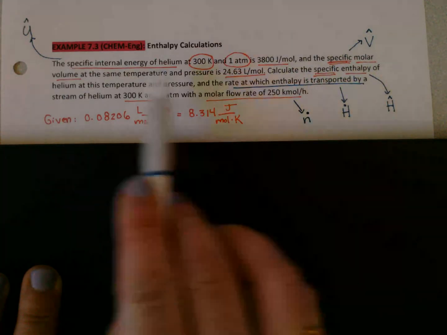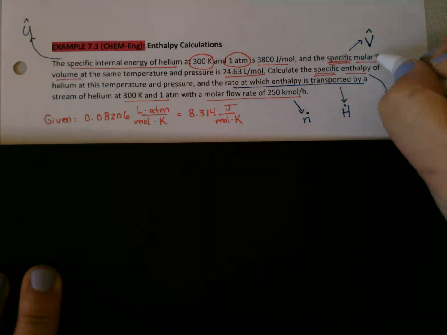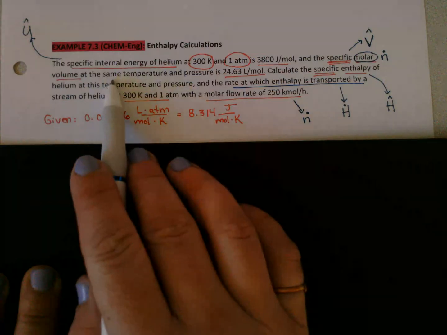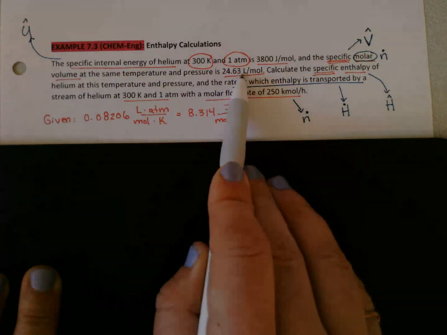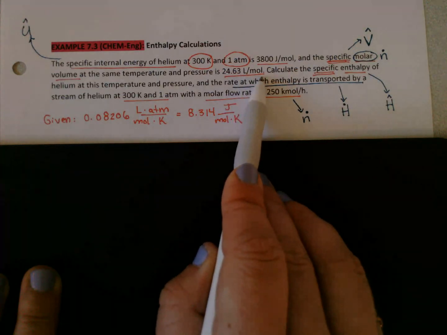We have a specific molar volume, so that's going to be a V hat. And the fact that it's molar tells us that it's related to N or to N dot. So that's important here. And that's at the same pressure and temperature as the specific internal energy, and there's the value for that. So we've got liters per mole. That gives you the indication that it's a specific property.